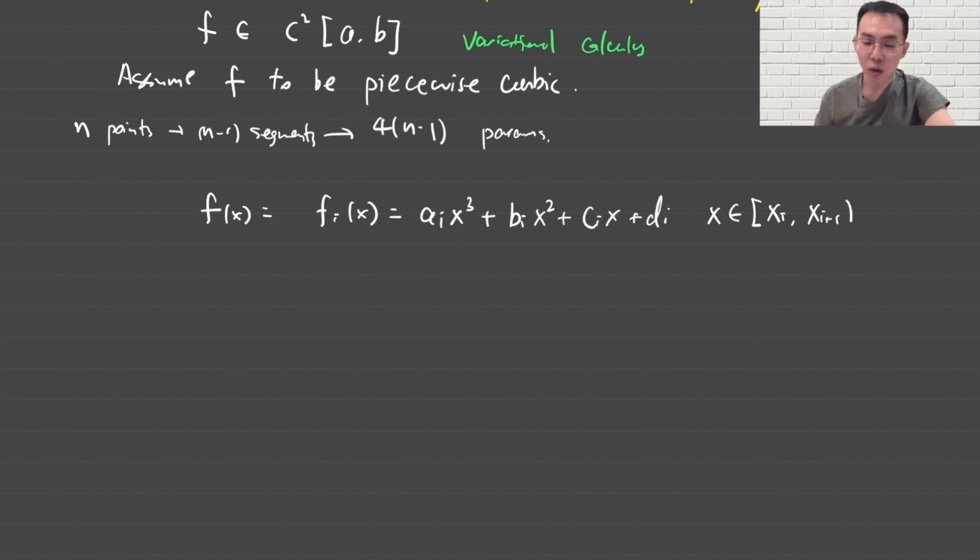That is the piecewise cubic function we're going to assume, just like last time.